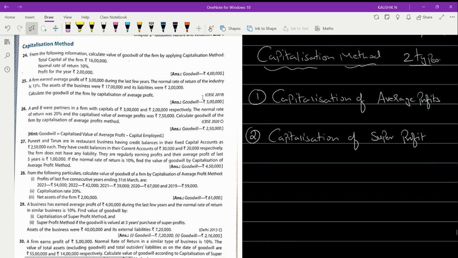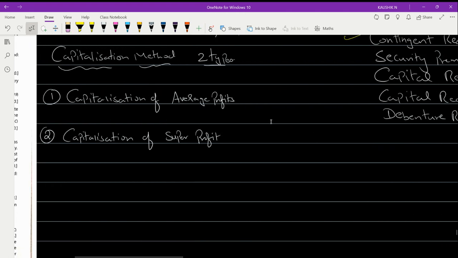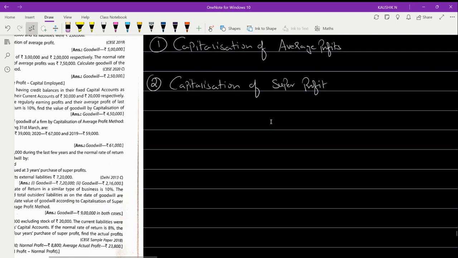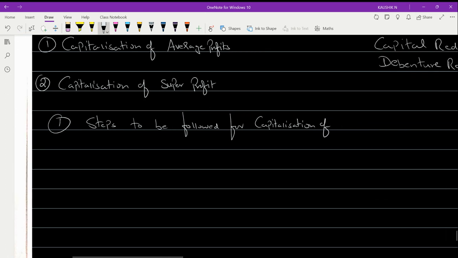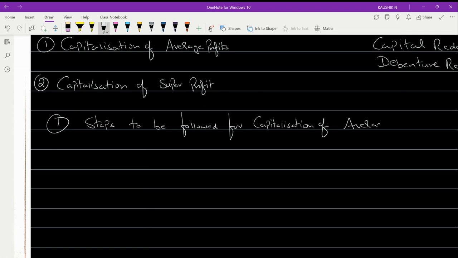Now, first let us understand the capitalization of average profit method. Under this, how are we going to work out the problems? These are the steps to be followed for capitalization of average profit.